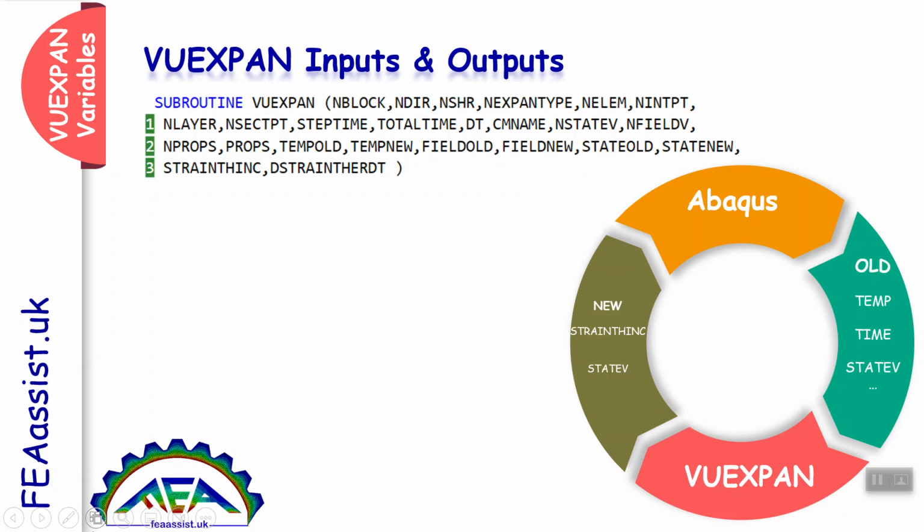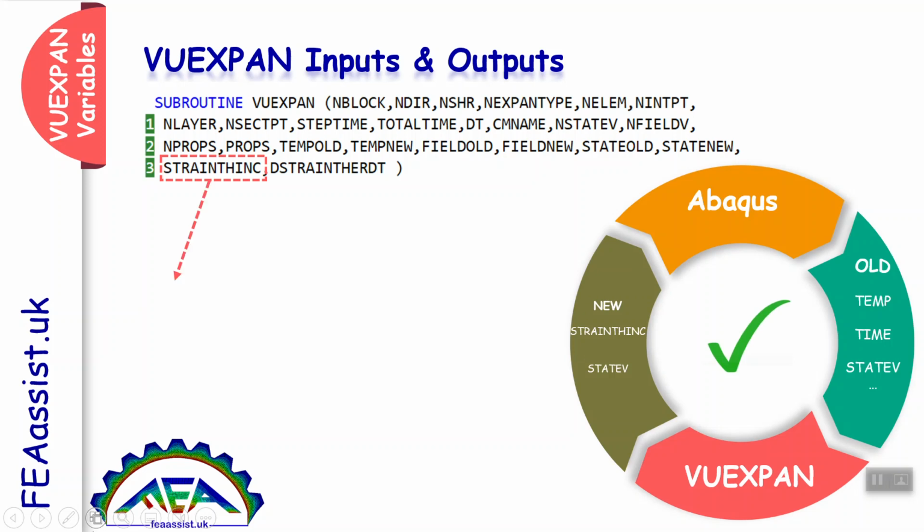Again, Abaqus uses these values to compute the new values for temperature, time, or state variables. This is how Abaqus and VUXpand interact with each other, which is necessary to understand well in order to write good VUXpand subroutines. For example, I explain one of the variables here.